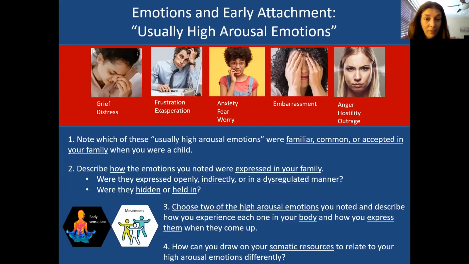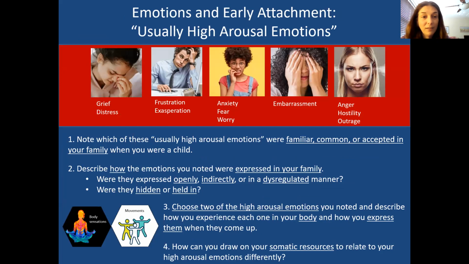Okay. All right. So here's another exercise for us here. Emotions and early attachment, right? So about our relationship with our early caregivers. So we're going to start with usually high arousal emotions, okay? Not hyper arousal, but high arousal.